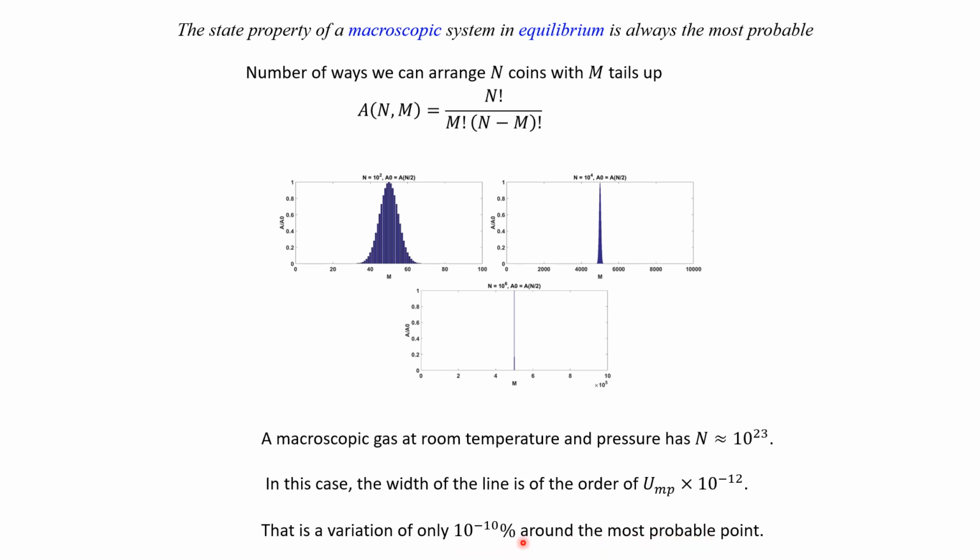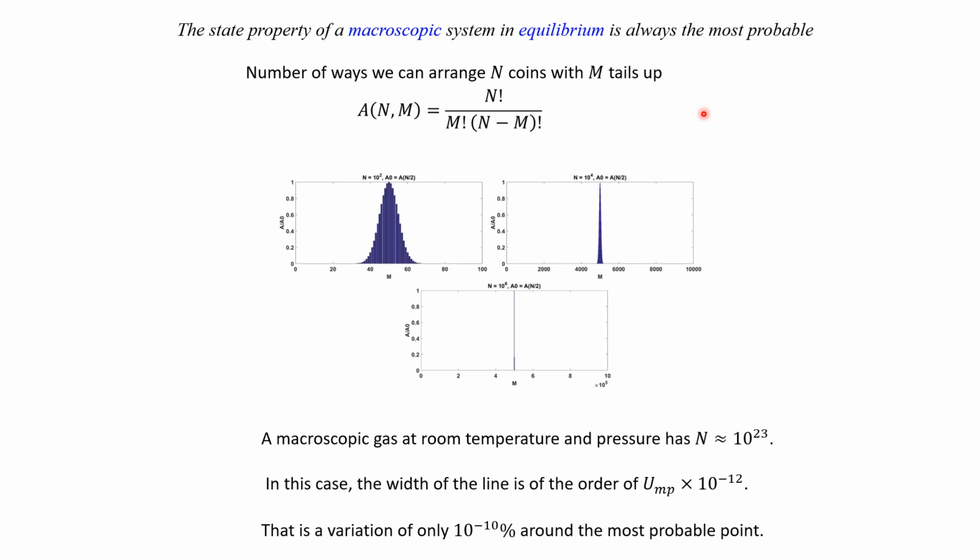So this is not an error of 10 to the negative 10% that we can measure, that has any physical significance. So when n is macroscopic, we're entitled to expect that the most probable energy is indeed the energy that we're going to find after some time. In other words, if we find a system with the most probable energy, the system will remain with this energy.